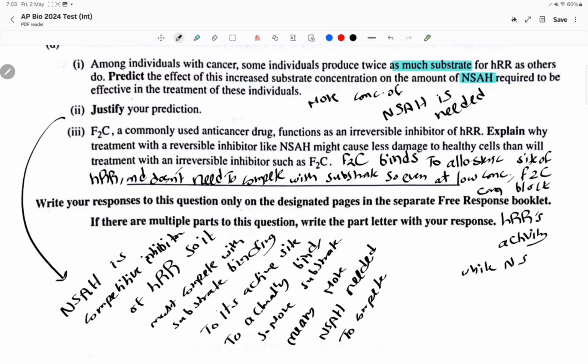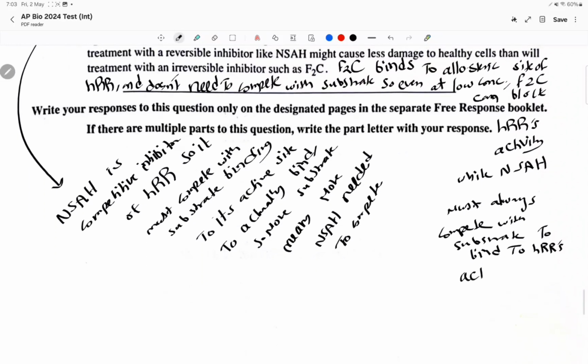While NSAH must always compete with substrate to bind to HRR's active site. Okay.